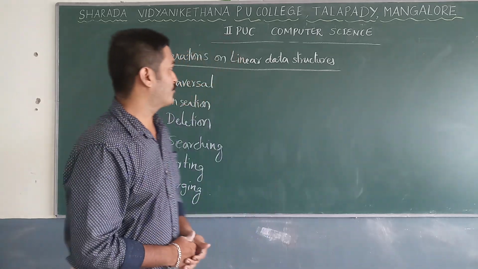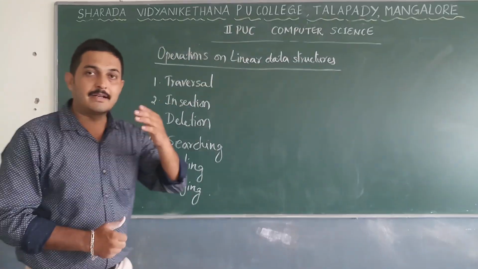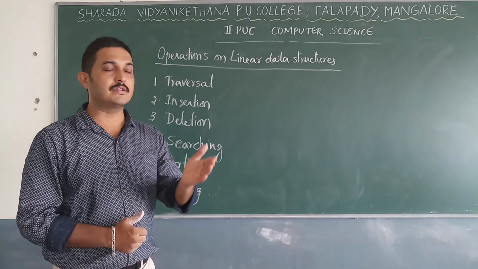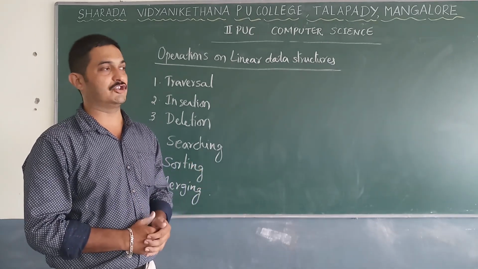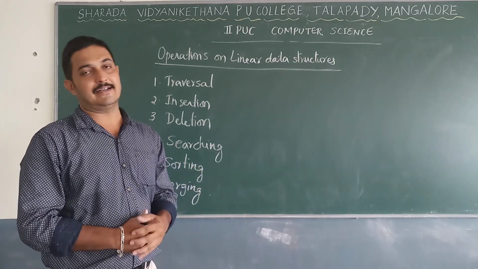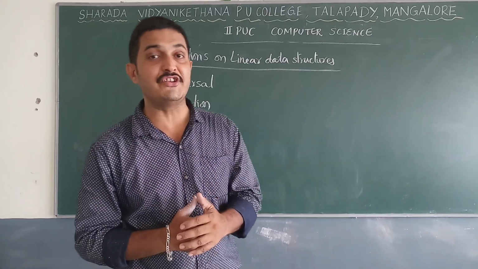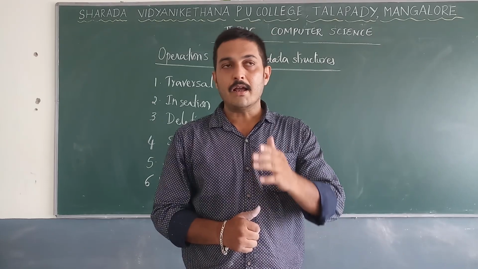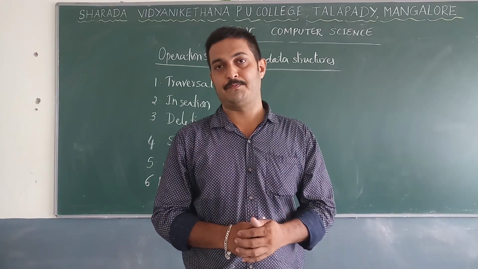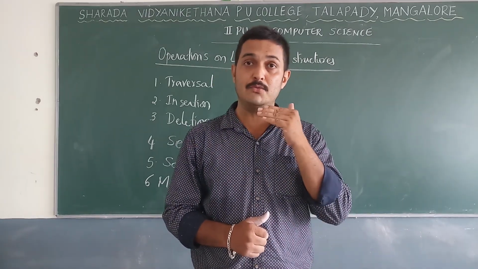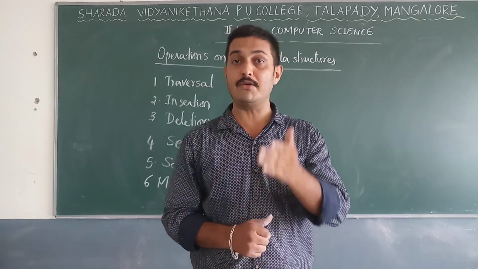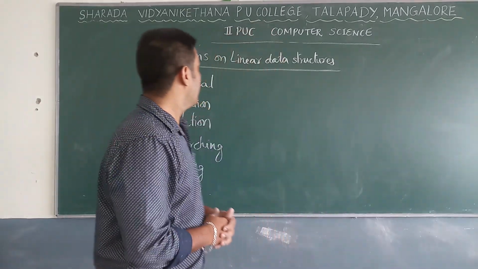So under list there are two types of data structures: linear data structure and non-linear data structure. Under linear data structure, normally it uses arrays, that means a collection of homogeneous elements. Normally it uses index values to locate the element's location or position.